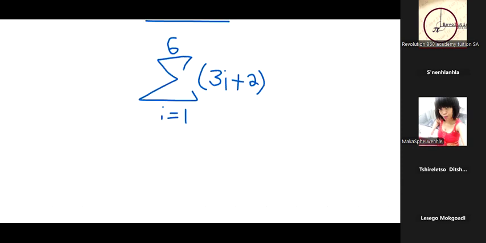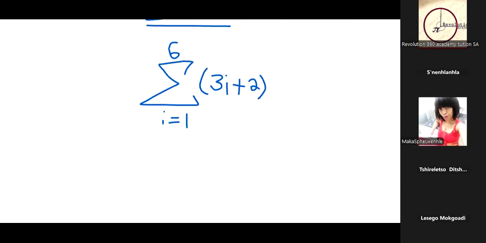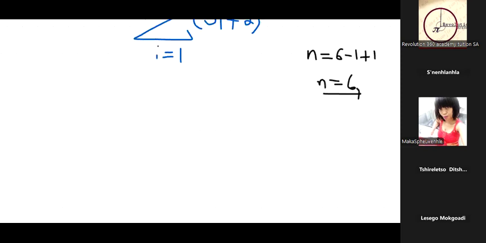Okay. Let's now do the first thing. Remember, check the number of terms. n is equal to the number at the top, which is 6, minus the number at the bottom, which is 1. You always add 1, right? So your n should be 6. On your series, there must be 6 terms. So you start at i equals 1 up until i equals 6.